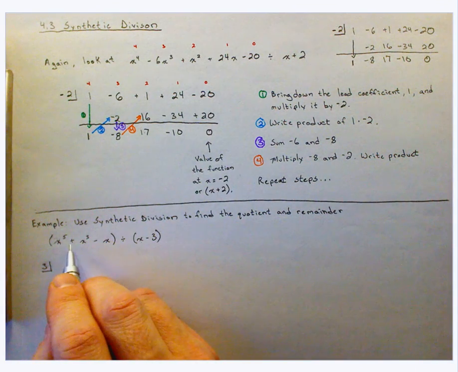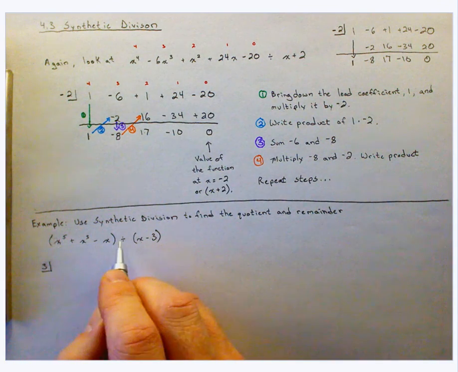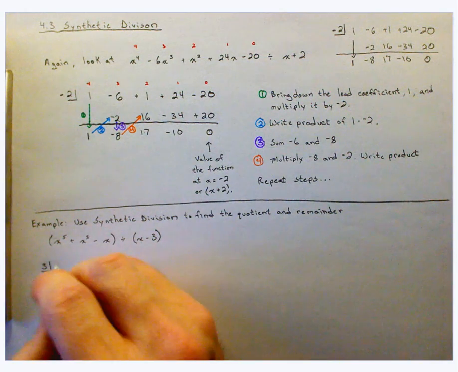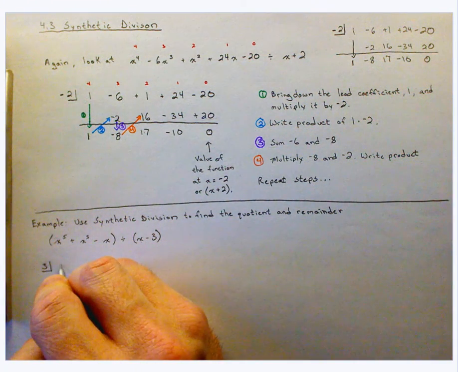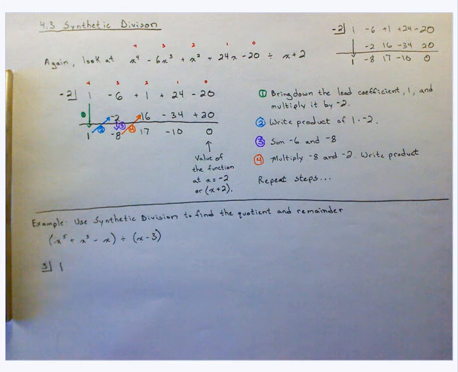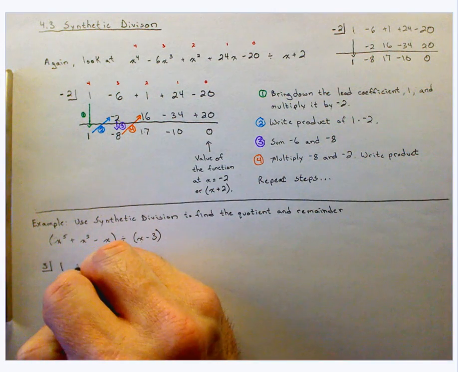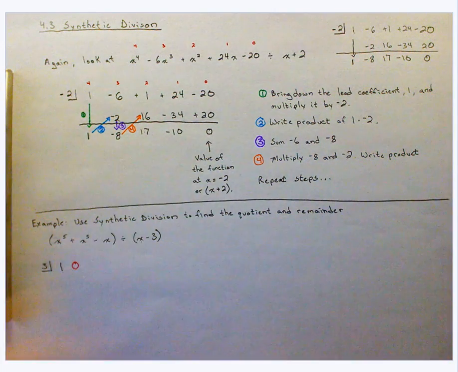Notice I'm missing x to the 4th and x squared and a constant. So I'm just going to plug those in with zeros. And what I will do for the zeros is write them in a color that stands out. How about red? Okay, so 1, 0.